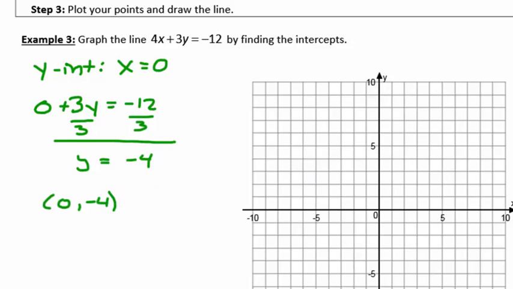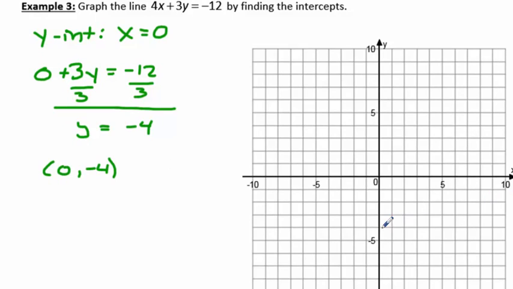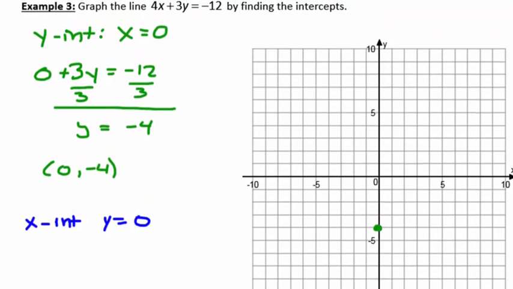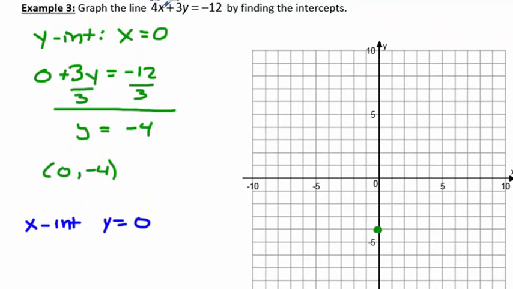Let's go ahead and graph that ordered pair, then we'll find our x-intercept. To find the x-intercept, we want to set y equals 0. And in the equation, if y is equal to 0, we're going to have 4x plus 3 times 0. So that's going to give us 4x plus 0 equals -12.